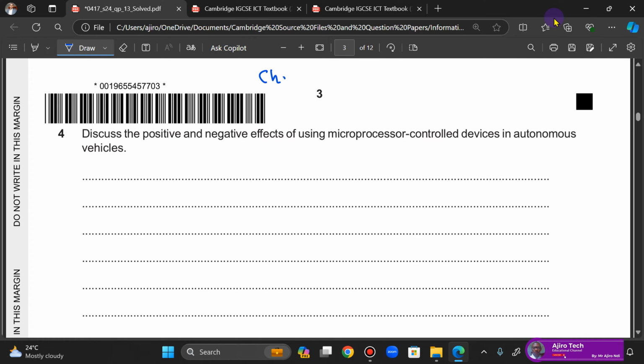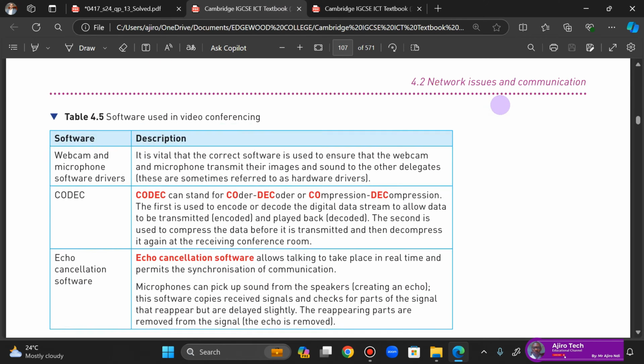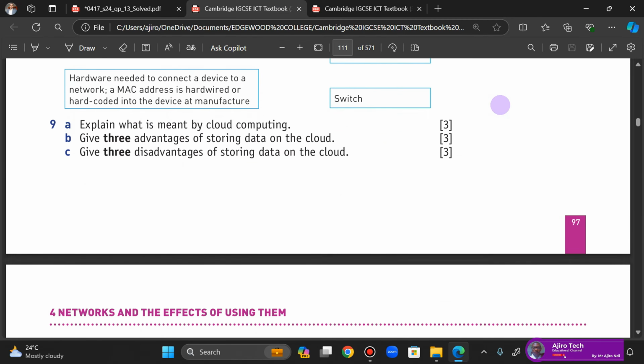Okay, so we have chapter 5, the effects of using IT. The positive and negative effects, you see them here. I think I'm closer here already since I'm in chapter 4, so it's easier to just swipe through.